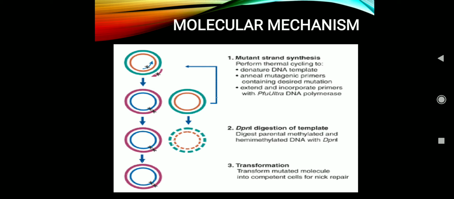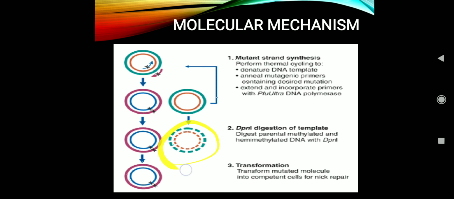Methylation is present on the template DNA. We all know that a parental DNA molecule will always have methylation. So DpnI identifies the methylated DNA, which is the parental DNA, and it will digest the parental DNA. You can see this image.